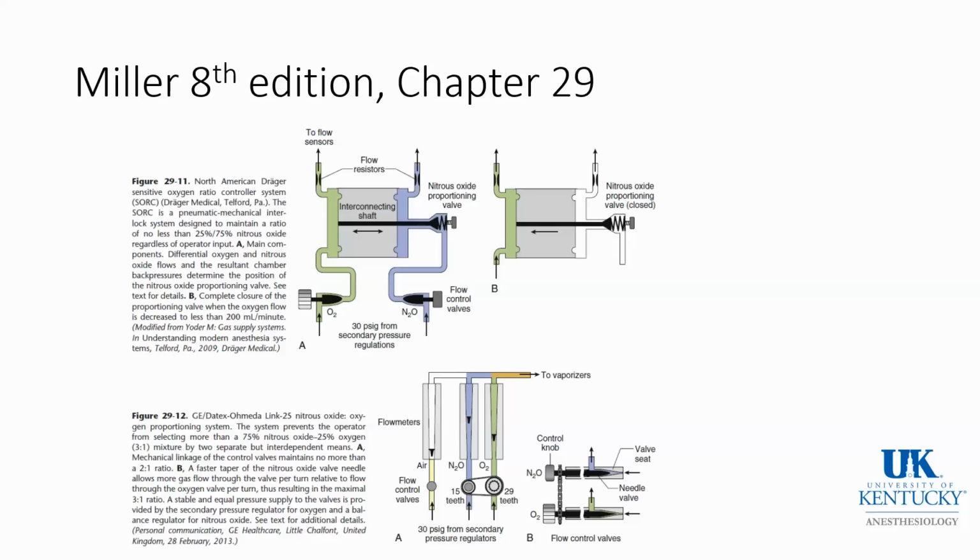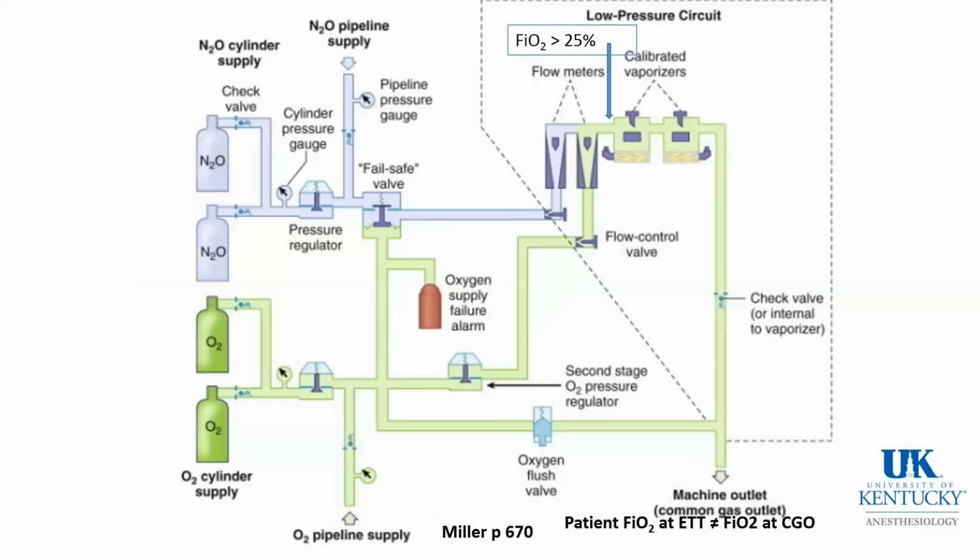One thing I did learn in this review was that the 2-to-1 ratio of the mechanical linkage results in a 3-to-1 ratio of nitrous oxide to oxygen because of a difference in the taper of the nitrous oxide valve needle, and that's expressed here, and is an interesting physical aspect of the anesthesia machine.